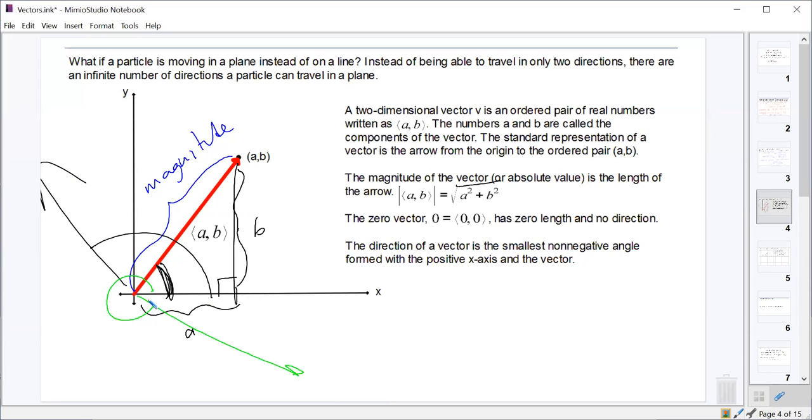So we would have a direction of like 330 degrees on that, or 11π/6 radians, something like that. Okay. So it's the smallest non-negative angle. We won't talk about the direction of a vector as negative ever, or as something more than 2π radians or more than 360 degrees. Good or no?